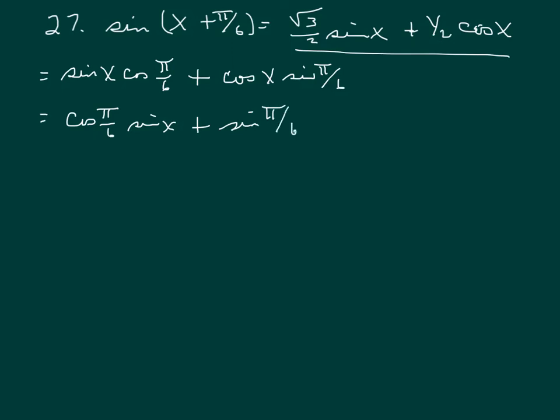Sine of pi over 6 times the cosine of x. Let's look at the angle again, pi over 6, which is 30 degrees. We know that that's 1, 2, square root of 3. The cosine of pi over 6 is the square root of 3 over 2.